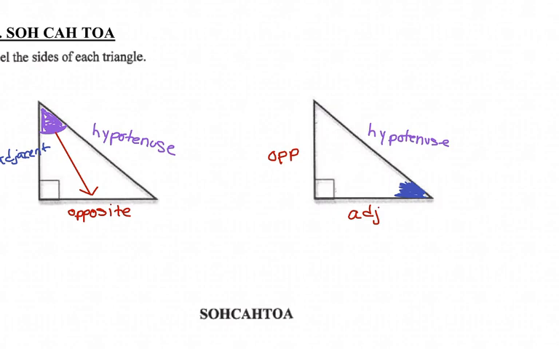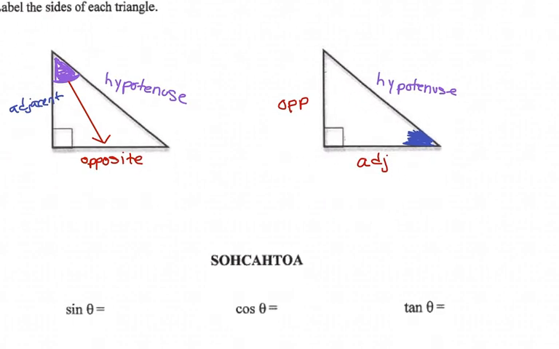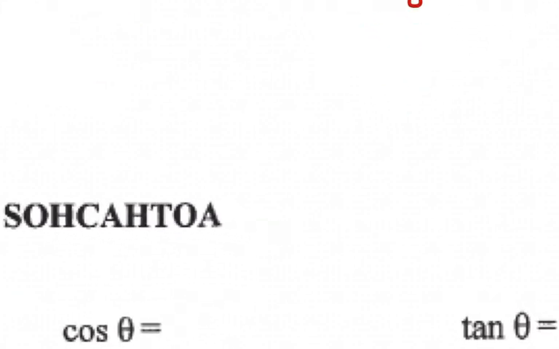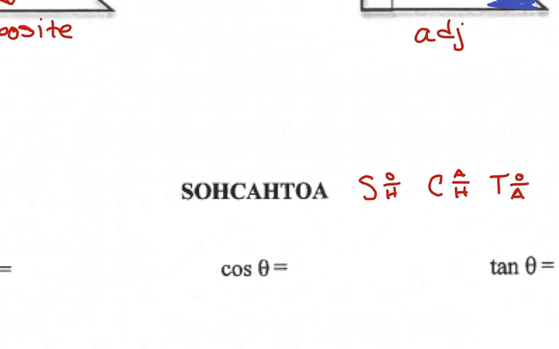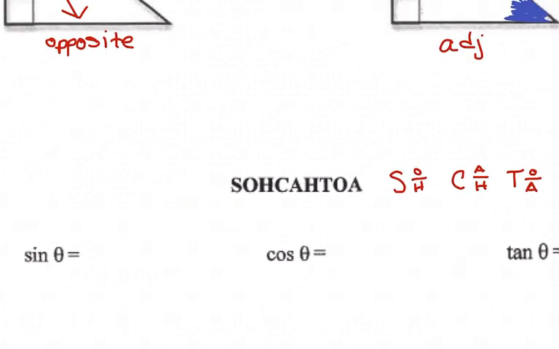So SOHCAHTOA, you can write it out like this. Sometimes I write it out like this because then it helps me see what ratios go together. So SOHCAHTOA is just an abbreviation to help you set up your trig functions. S stands for sine. So sine theta. This is a Greek symbol right here.